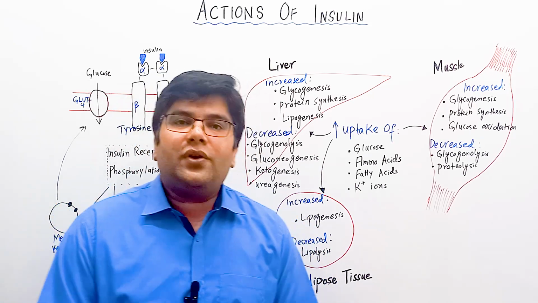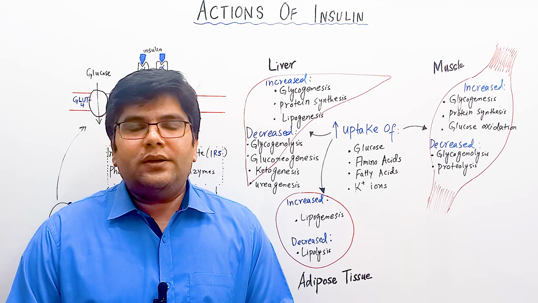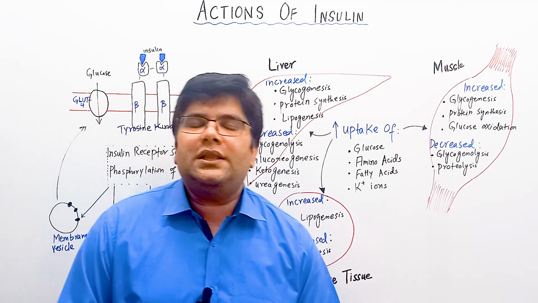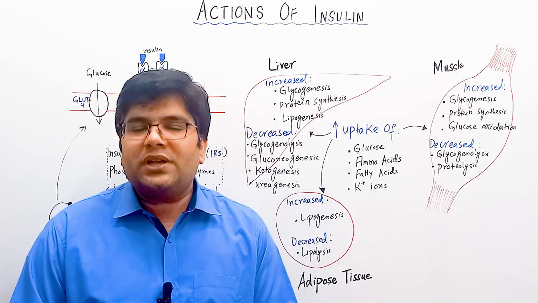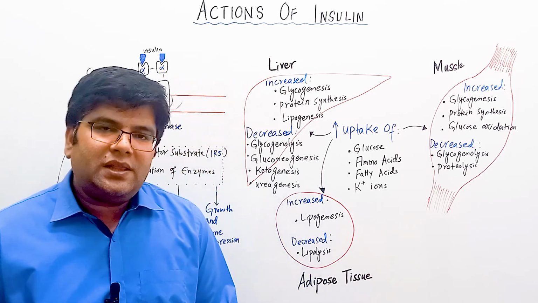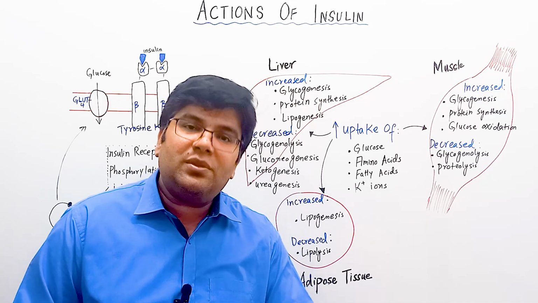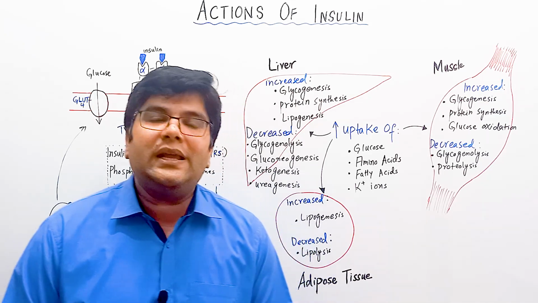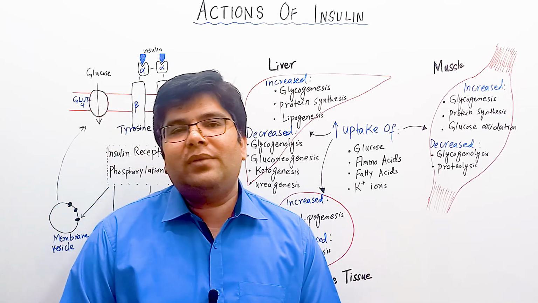Another case is chronic renal failure, where there are also chances of increase in the level of potassium ions, because the kidney is a very important organ which regulates your potassium ion level. So when there is kidney failure, the excretion of potassium from the kidney will decrease and the blood potassium level will increase, and sometimes this can become life-threatening.